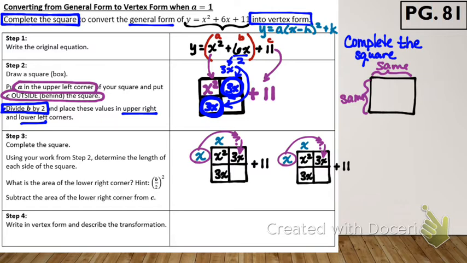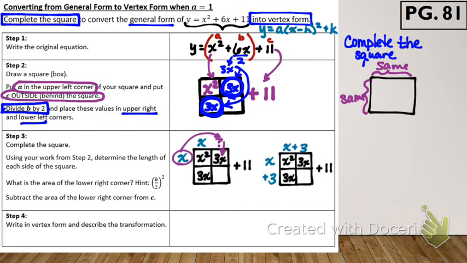And because this is a square, what do you know would have to go on the other side? 3 would also have to go there. These are going to be positive 3s. We doing good so far? Please tell me if I do anything that confuses you.